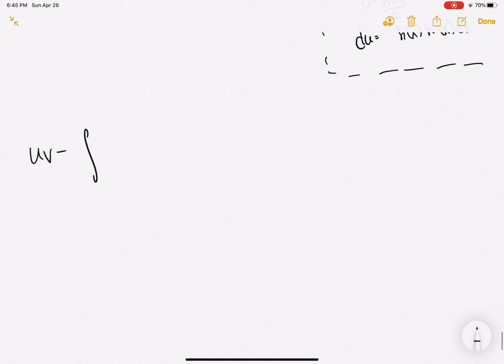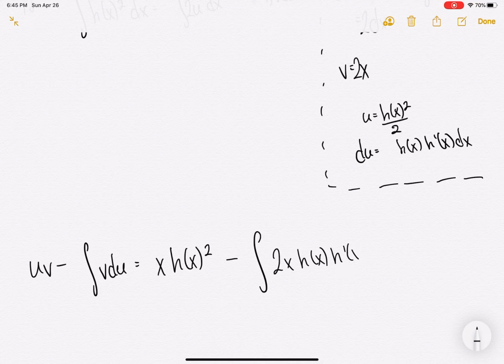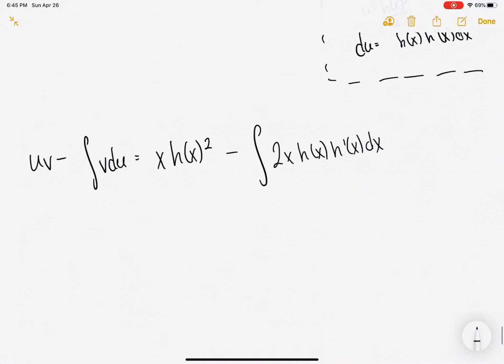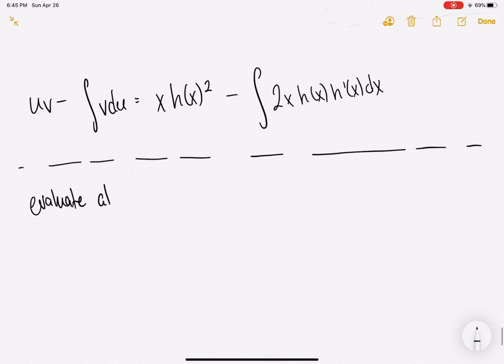uv minus integral v du equals uv, h of x squared over 2, v is 2x, so that just gives me x h of x squared, minus integral v du, 2x h of x h prime of x dx. Okay, but if I'm evaluating these at bounds, at 0 and 1, what does this give?